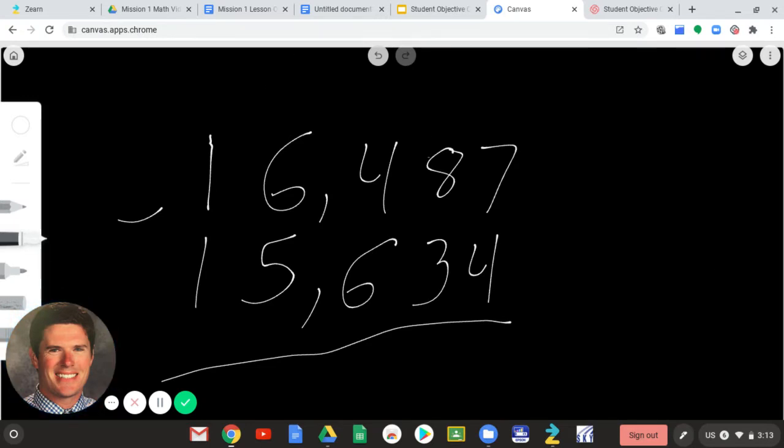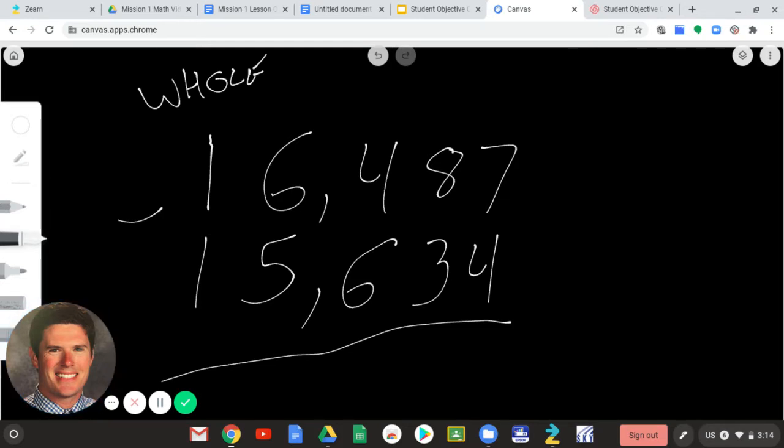Okay. Now, reminder, in subtraction, our greater number, that is considered our whole. The top number is considered our whole number. Because we have the whole number, and we're going to take something away from it. If you are given those two numbers, it matters when you are writing the equation which number goes on top. The greater number goes on top.